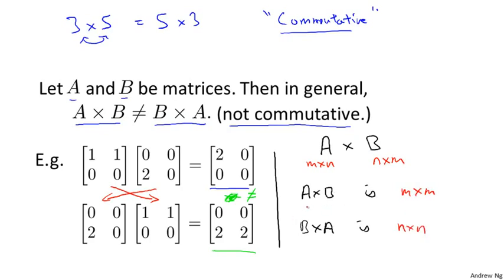So the dimensions don't even match. In the example on the left, I had all 2 by 2 matrices, so the dimensions were the same, but in general, reversing the order of the matrices can even change the dimension of the outcome. So matrix multiplication is not commutative.